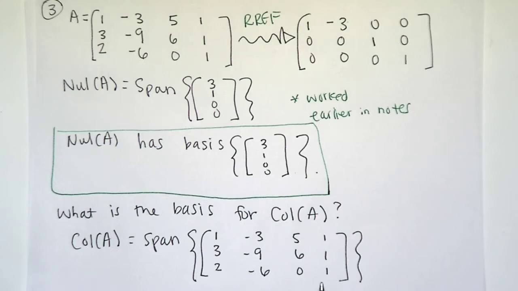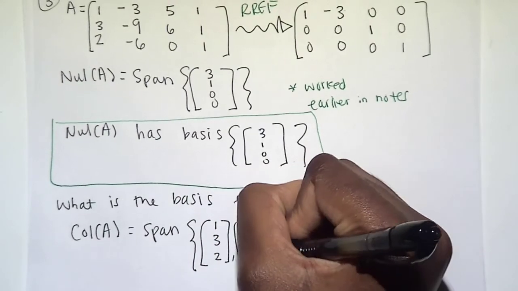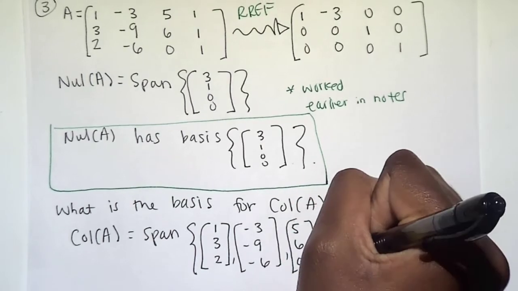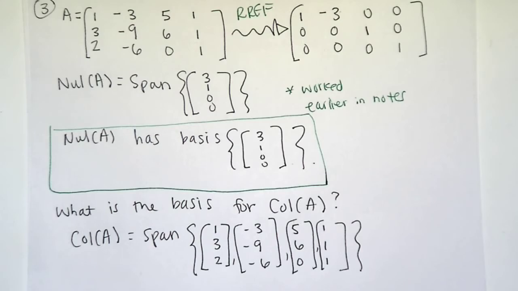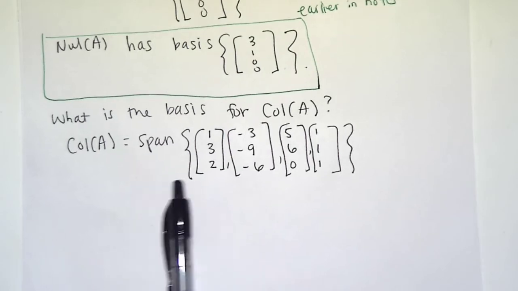So we want to make sure, oh, I actually wrote that wrong. Sorry, guys. These should be separate vectors. My bad. There we go. So this is the column space. We want to figure out what is the basis for this.